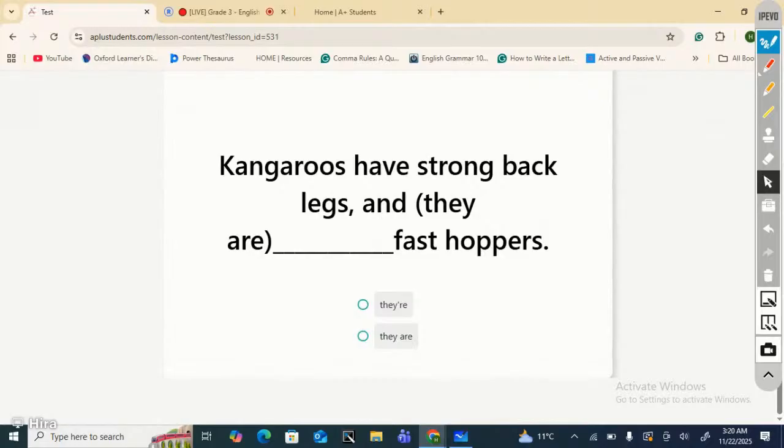Yes, it is option one. The contraction of they are is they're. The letter a is left out. In its place, we add an apostrophe to show that a letter is left out. So they are becomes they're.